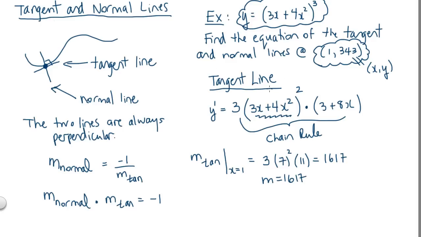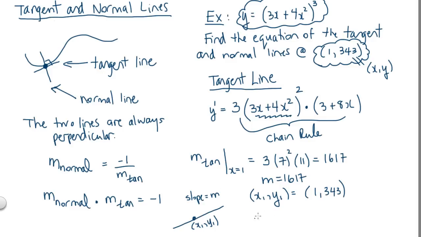All right, so let's just call that m for now. We've already organized our work, so we know we're talking about the tangent line. The tangent line has slope 1617, and we've also got the value of the point where we want to calculate the line. So let's call the actual coordinates of the point x1 and y1. (x1, y1) is (1, 343). So now at this point, we just need to remember what the equation is for a line that has slope equal to m, and for which we know a point (x1, y1).